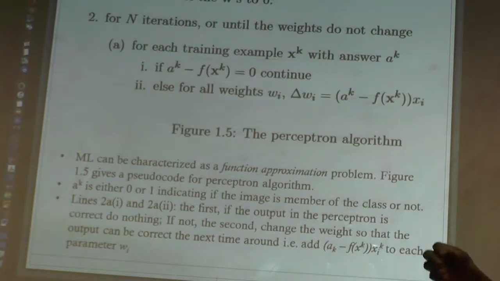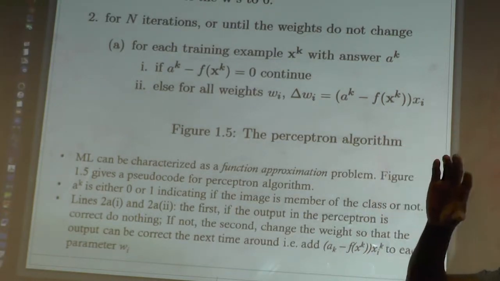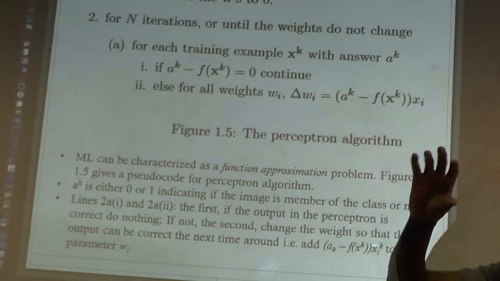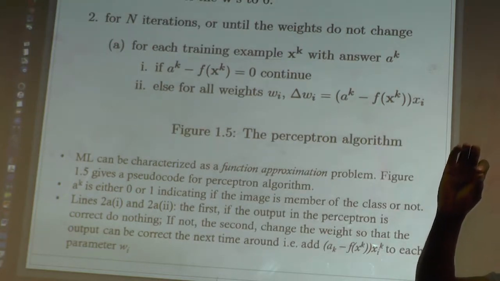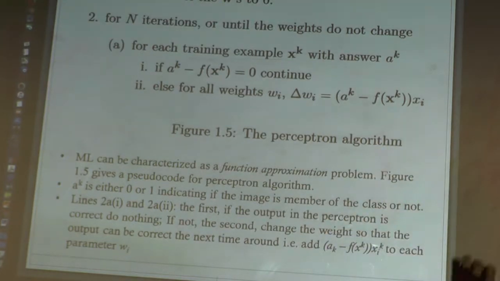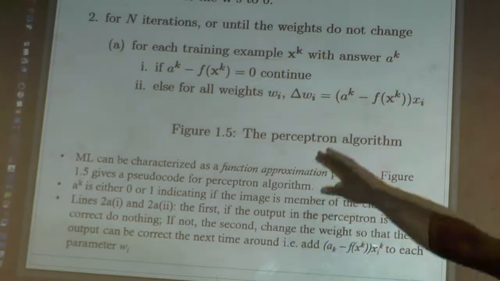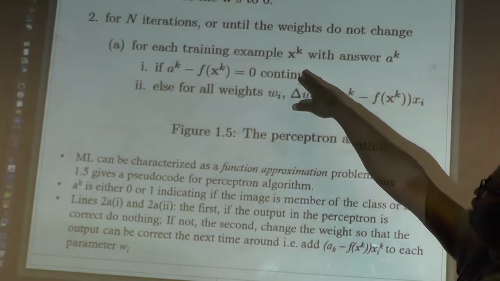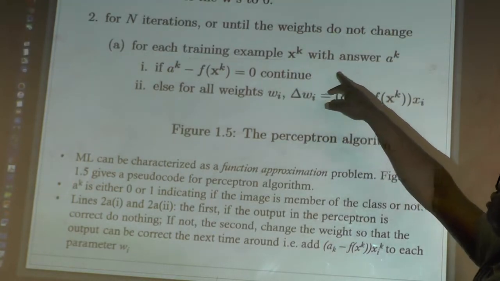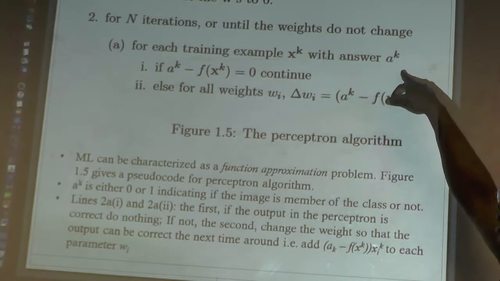So we now use that idea. Remember, there is that algorithm which was written in the form of English before. You remember, for perceptron. Now let's use mathematics to write the same algorithm. Same algorithm. So we now iterate. For each training example, x_k, and the answer is a_k.